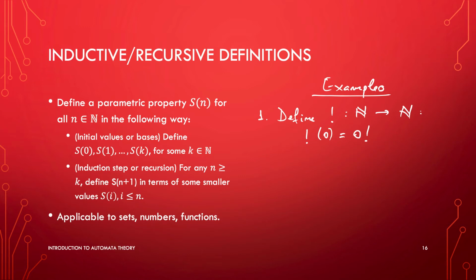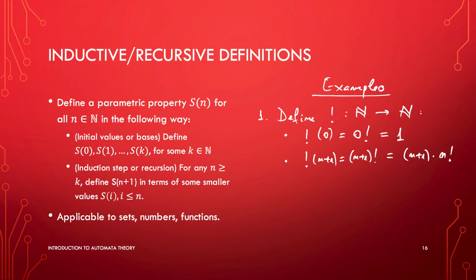It's going to be defined to be equal to 1. So that's the initial value. And then I will say the factorial function applied to n plus 1, or, more commonly denoted like this, n plus 1 factorial, is simply equal to n plus 1 times whatever n factorial was. So this is the recursive definition.